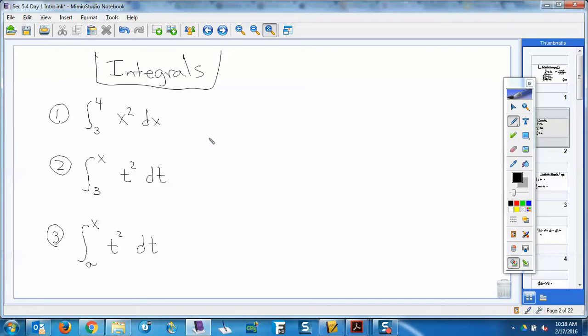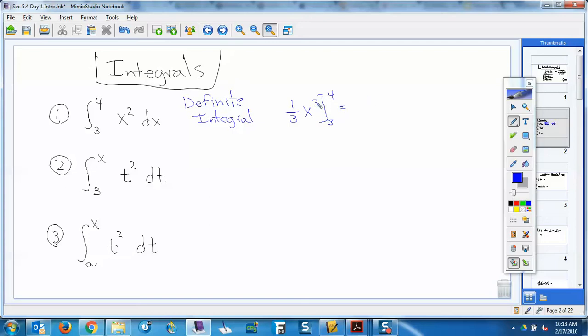This first one is just a definite integral. I want to give some names to this and some thoughts about these different types of integrals. This one has a 3 and a 4 in it. This is just a fixed piece of area. We can find this by doing 1/3 x cubed from 3 to 4.